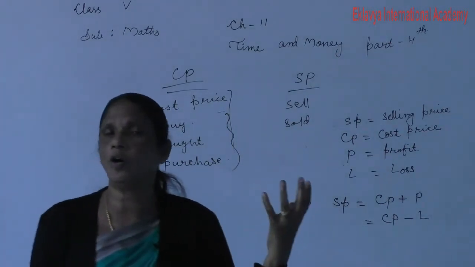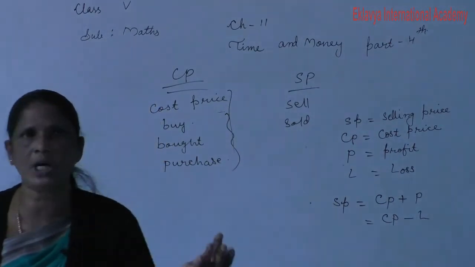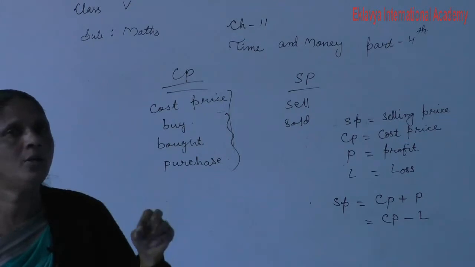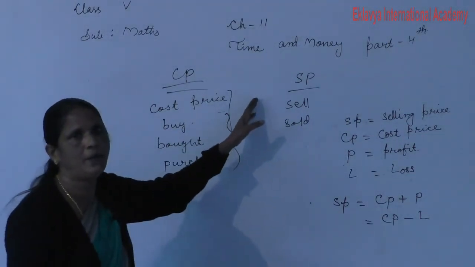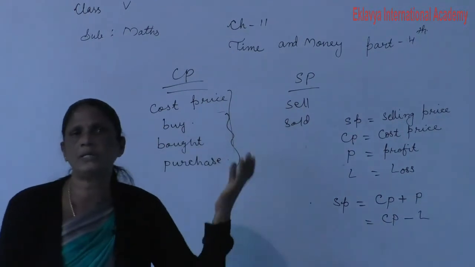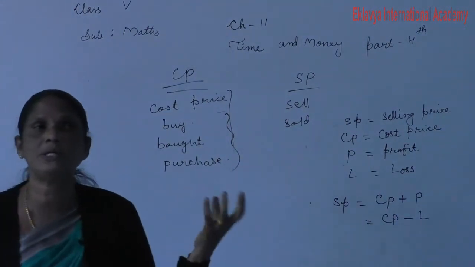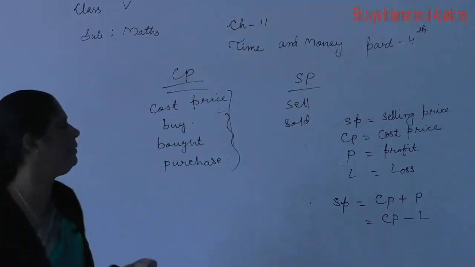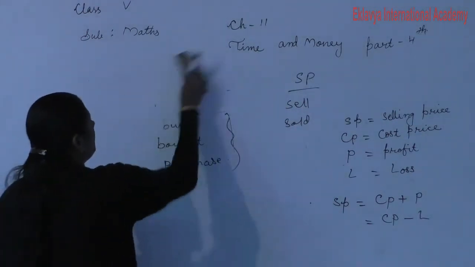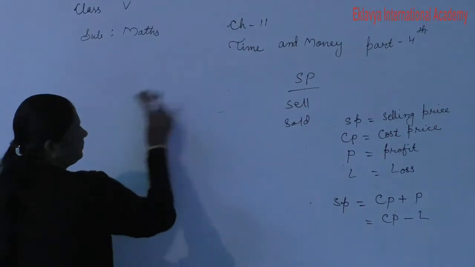You add the overhead expenses, and repairing charges are also included in CP. Okay. How to identify SP? When the words sold or sell come in the question, that is your SP. Then how to operate these questions?